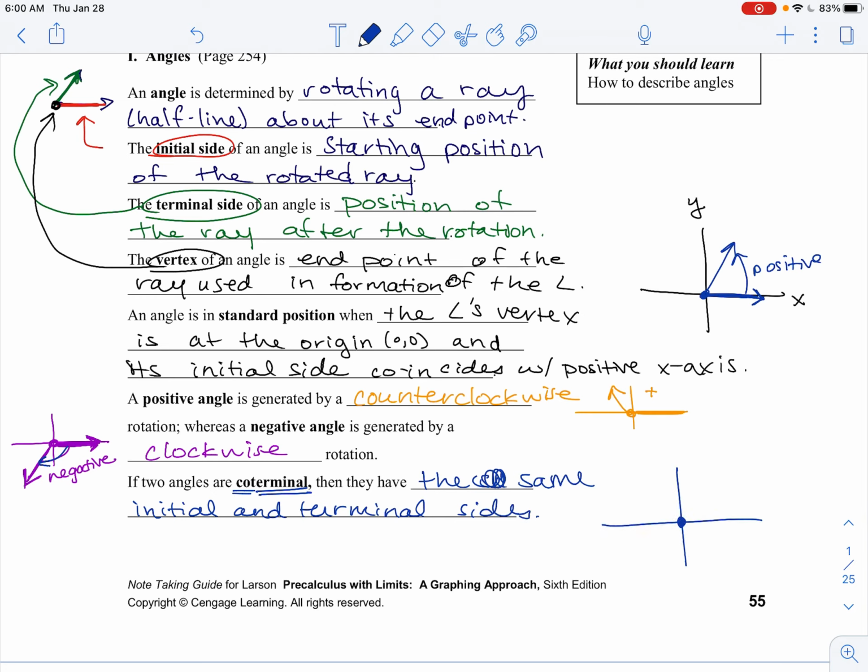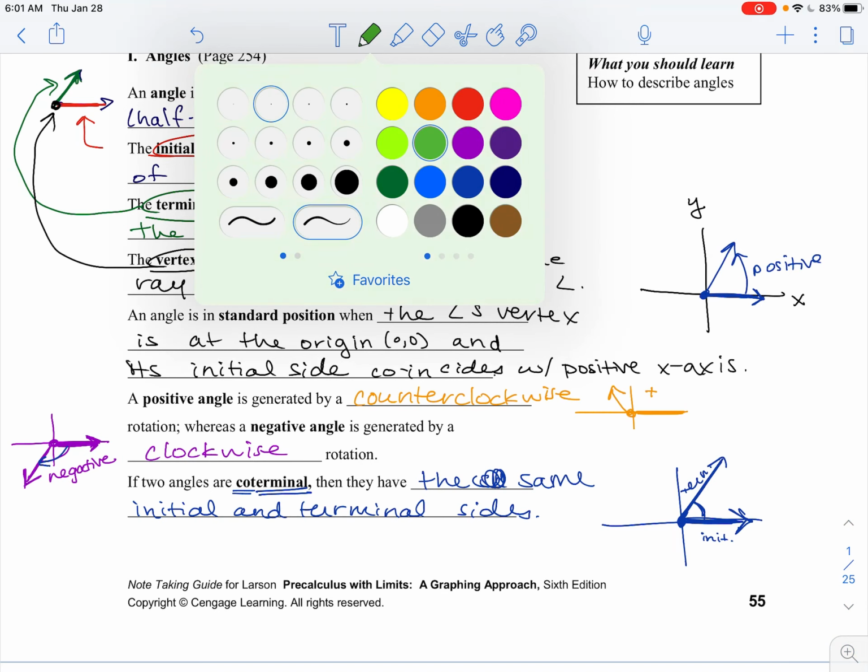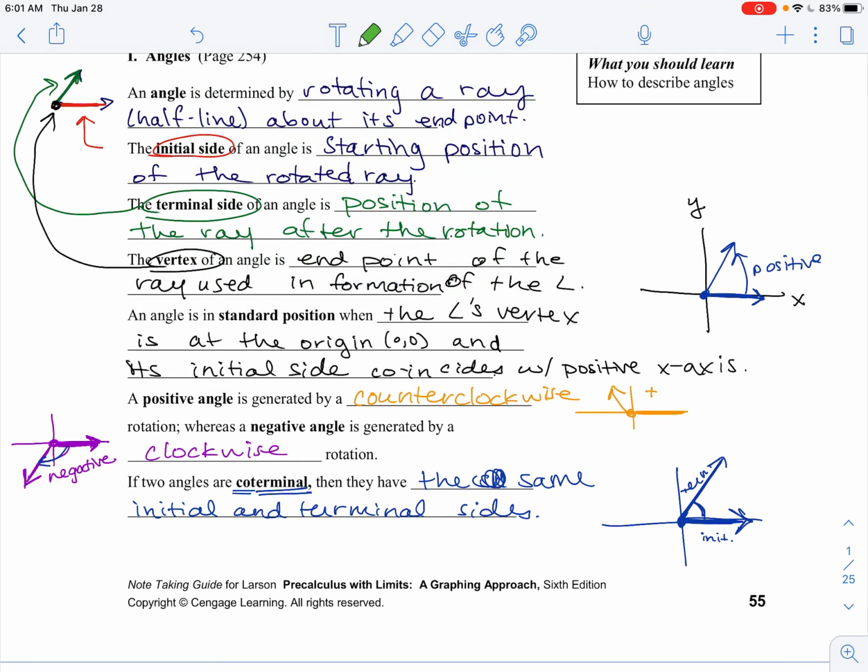Here's my vertex and my initial side, and let's say the first one I draw is a positive angle, and let's draw it up here. There's my first angle, where this is the initial side and this is the terminal side. I could draw a coterminal angle in the opposite direction with the same initial side, but I'm going to go clockwise instead.